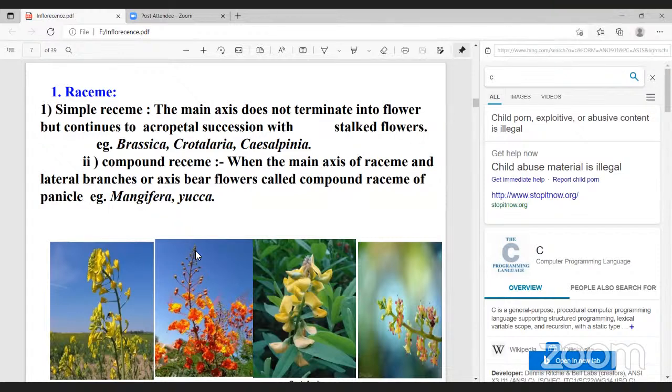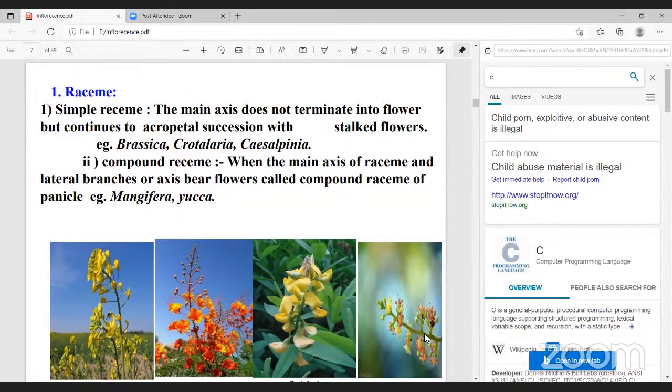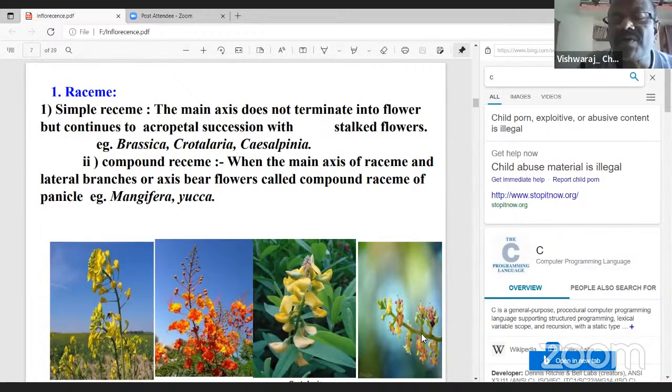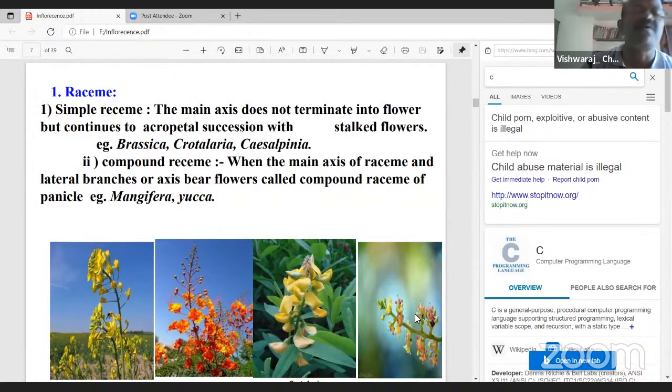In a compound raceme, this peduncle again produces secondary peduncles or pedicels, and on these a number of flowers are produced. That is a compound raceme.